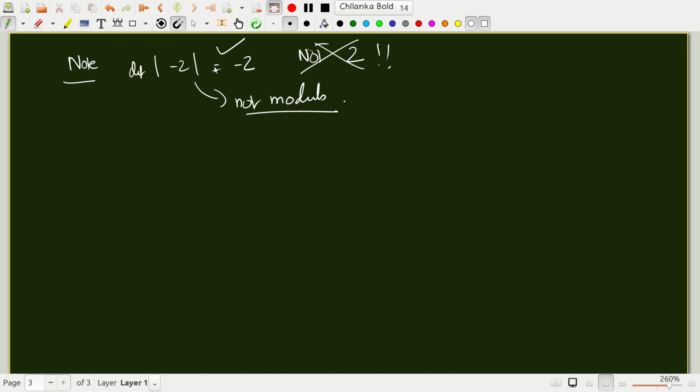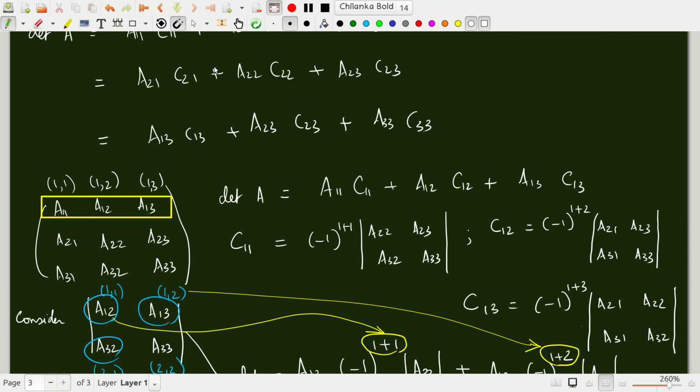Okay, so if you do this, then you will get the usual expansion for the determinant of this whole thing.